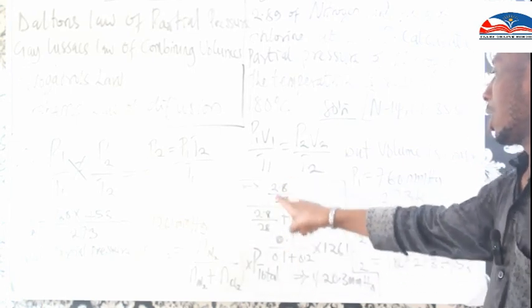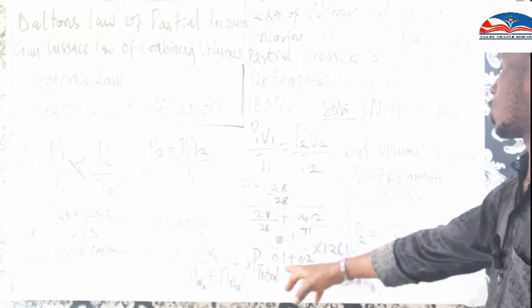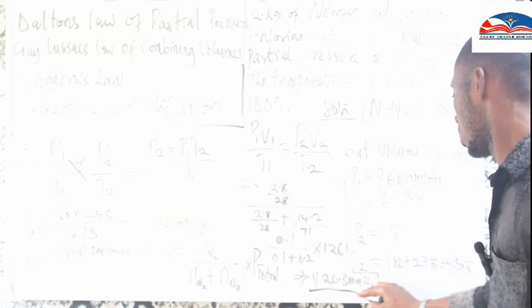If you press your calculator for this, you get 0.1, and for chlorine you have 0.2. So 0.1 divided by 0.3 times 1261 gives you 420.3 millimeters of mercury. That is your answer for this question.